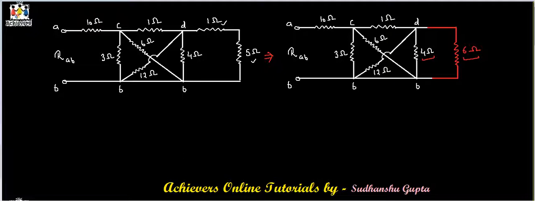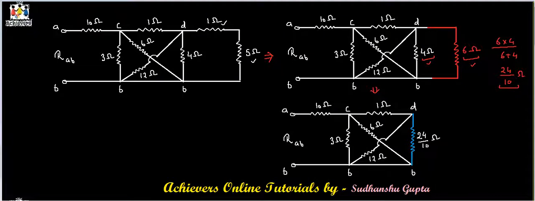So these two resistances can also be replaced by a single resistance, and the value of that resistance is equal to 6 into 4 divided by 6 plus 4, that is 24 divided by 10 ohms. So if we replace this 4 ohm and 6 ohm resistance by this resistance and redraw the circuit, we get a circuit like this.